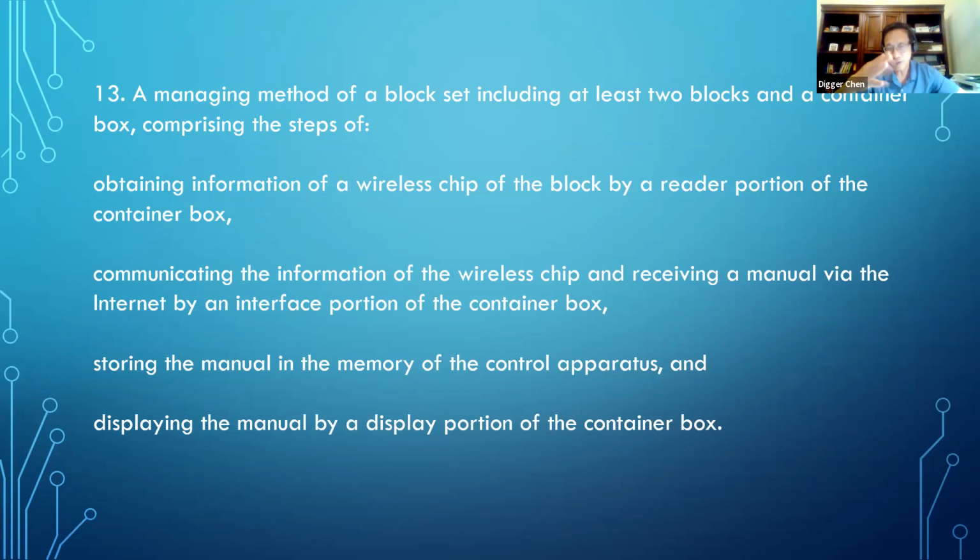So this one is related to the block set because it's in the same pattern: a managing method of a block set, including at least two blocks and a container, comprising the steps of. So you can see the method claim is quite different. It's the steps of: how do you do that? Obtaining information, communicating, storing, and display. It also has four elements.